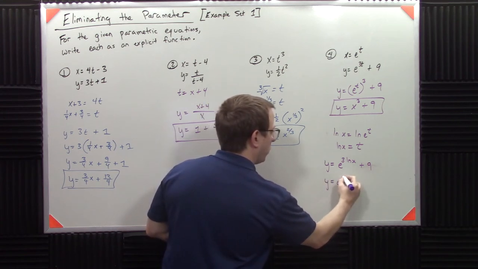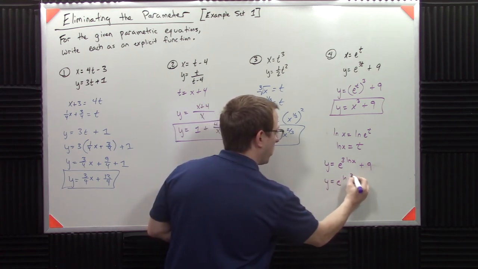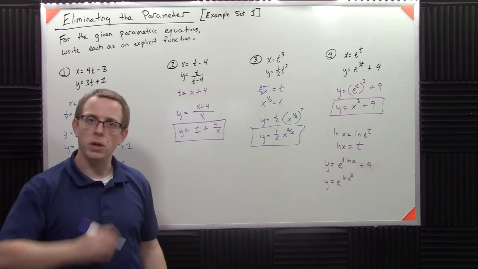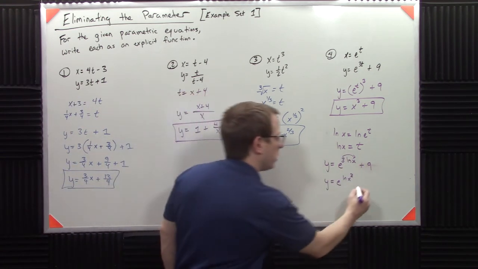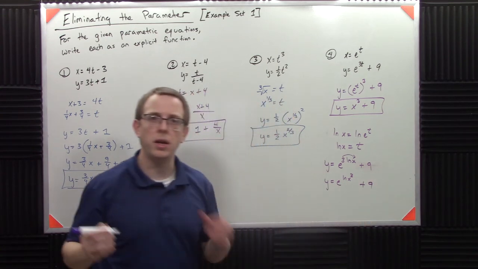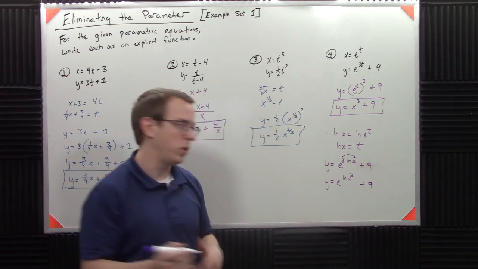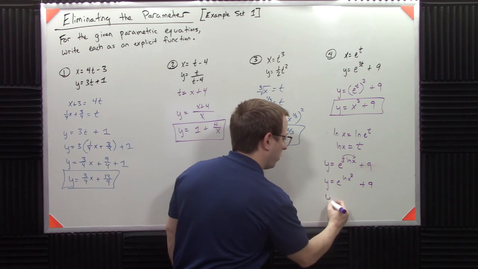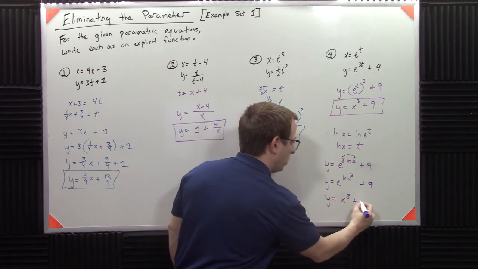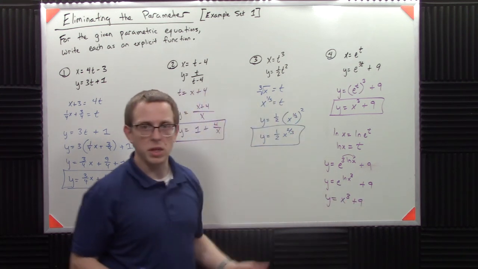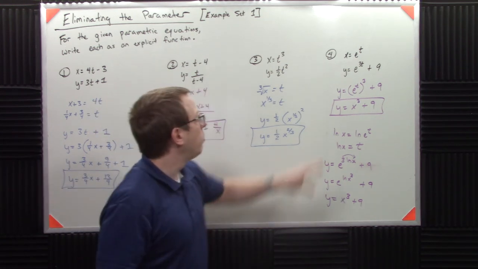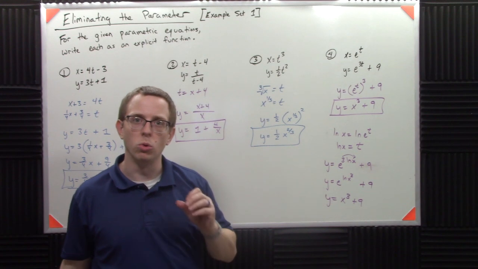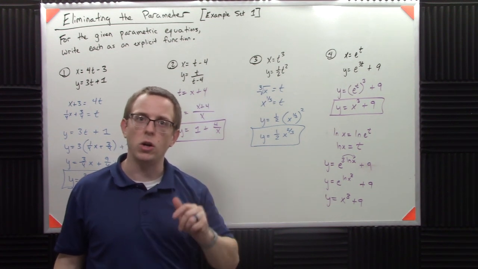By the log rules, remember we can raise it to a power, so we can bring the 3 up to the top, plus 9. We also know that e and the natural log are inverse functions, so e to the natural log of something is just that something, which of course gets us the same answer. So it's not like you had to work extra hard, but by using some convenient algebraic rules, we were able to very quickly get our answer.